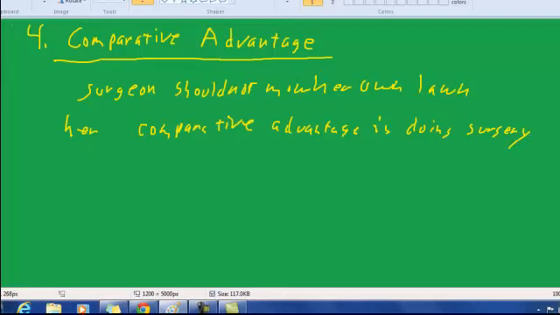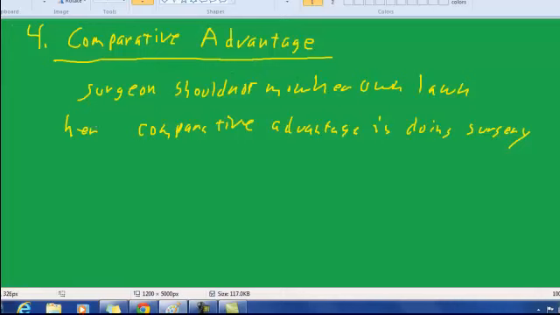If she needs to get her lawn mowed, instead of spending an hour mowing her lawn, she can do 10 minutes of surgery and get enough money to pay somebody else to mow her lawn, or maybe 2 minutes of surgery. So it's a very simple concept to understand. Comparative advantage: do something you're best at.